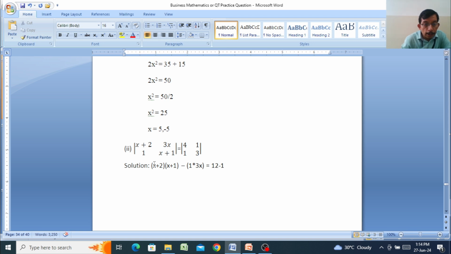Now simplify by opening the bracket multiplication.